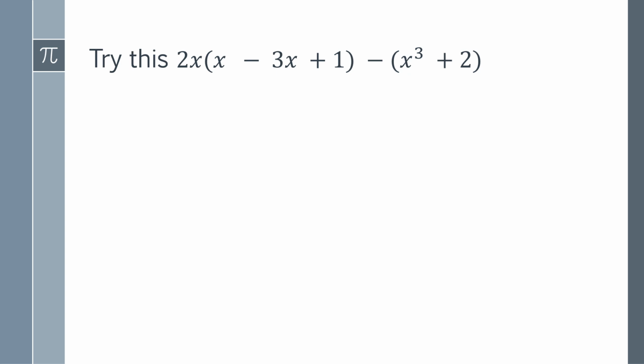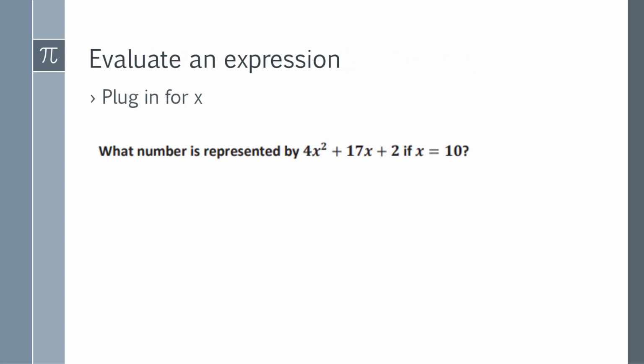Okay, you try this one on your own. This situation is to evaluate. Plug in for x, that's all it is. So, given a calculator, Google, or whatever you have at home, just plug in for every x you see. Don't forget to use your parentheses.